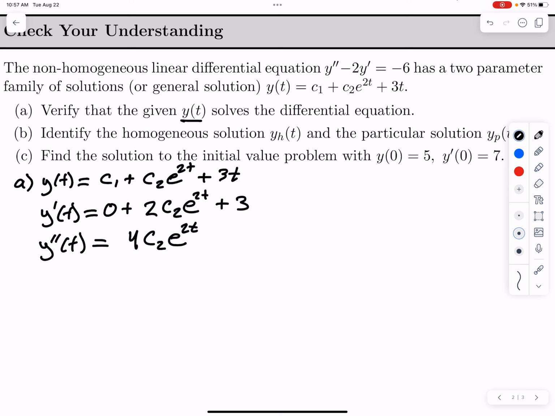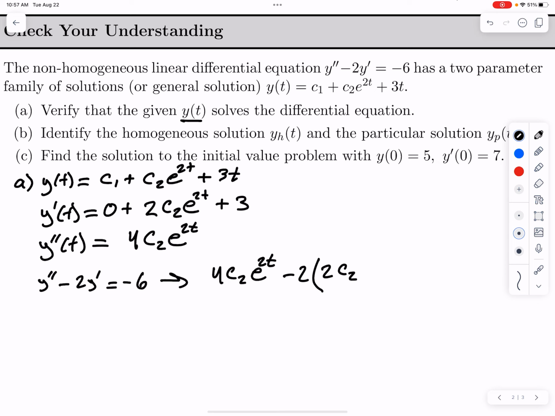Okay, and so if I take my differential equation, which is y double prime minus 2y prime equals -6, that is what should happen. So y double prime is 4c2 e to the 2t, minus 2 times y prime. y prime is 2c2 e to the 2t plus 3.